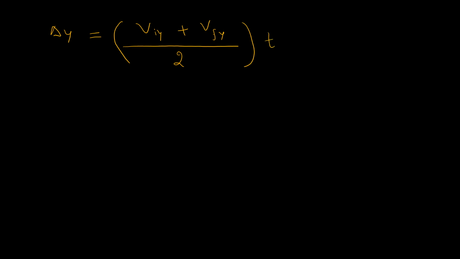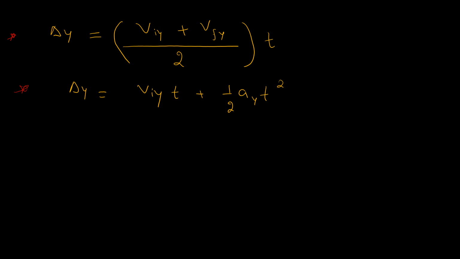This was our first equation. Our second equation is delta y equals viy times t plus half ay t squared.